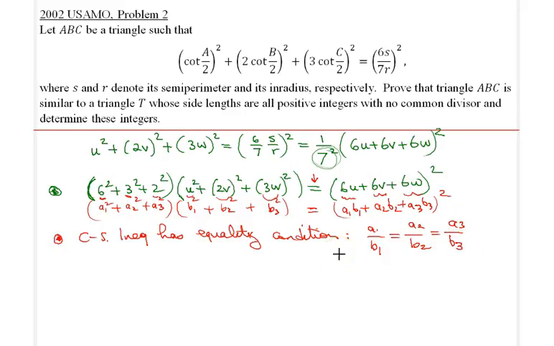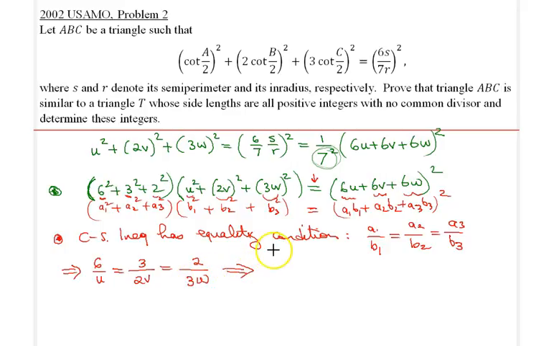Applying this condition in our case implies that 6 over u is actually equal to 3 over 2v, which is equal to 2 over 3w.